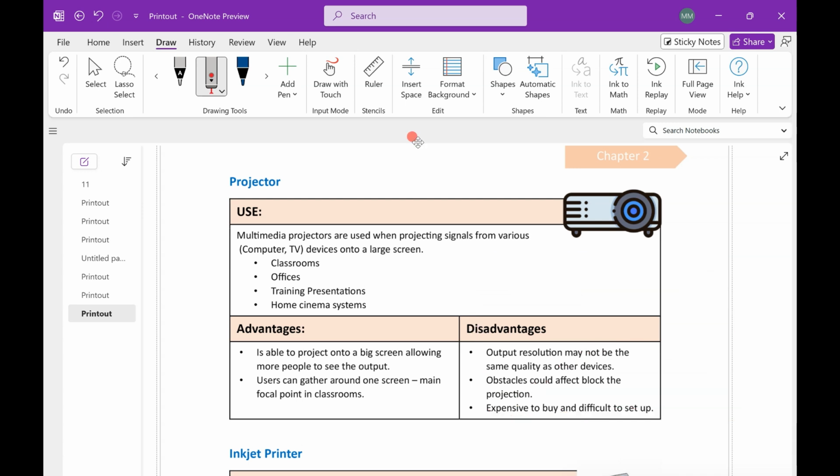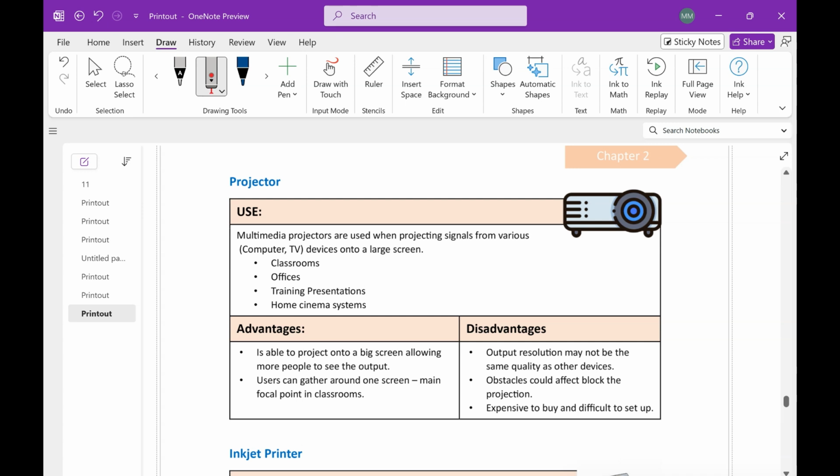Advantages: you can have it as big as you like, allowing more people to see, unlike using a small screen. The focal point in the classroom can be the projector, as you can see here. So whenever you'd like to attract the attention of a very big audience, you provide them with a projector in front of them.